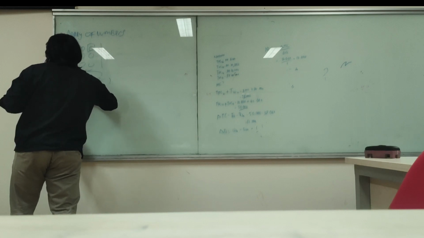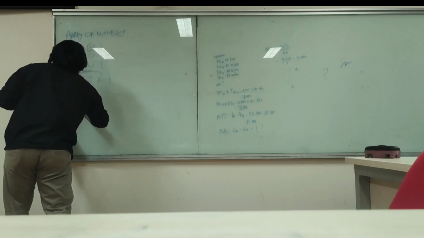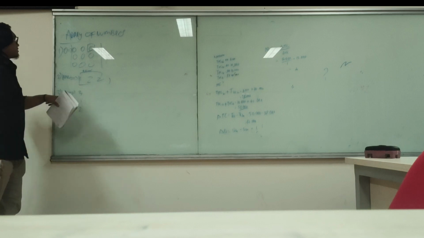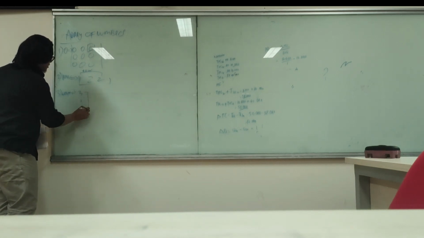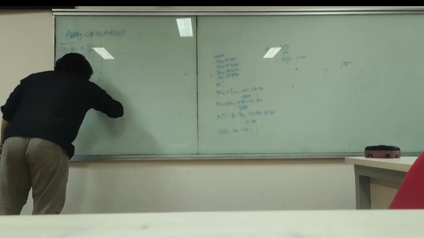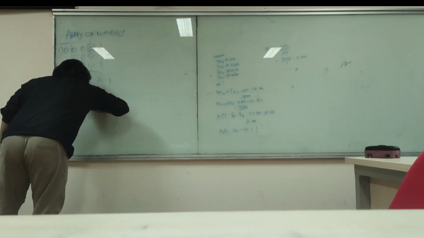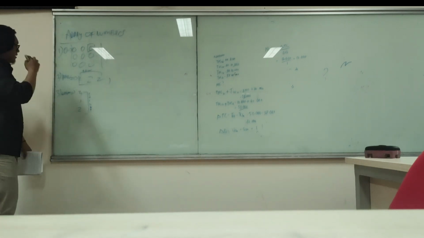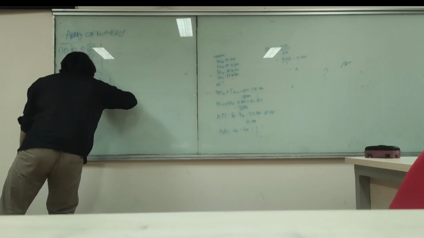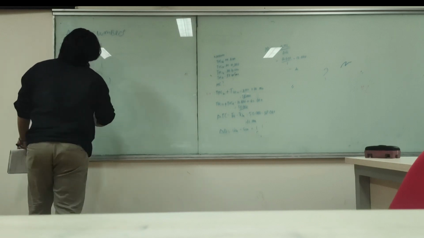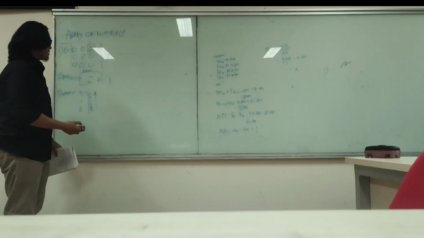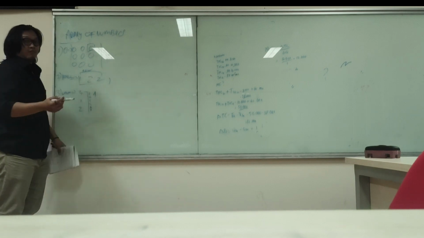So basically like this: 3, 1, 2. This is what you call a column. It's straight vertical.